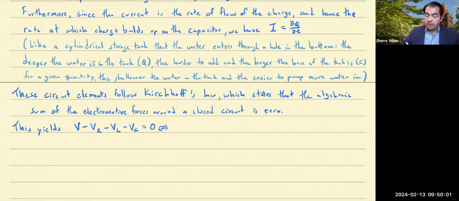Or if we plug in the equations we've written for each of the elements, that's V minus R times I minus L times the derivative of I with respect to t minus 1 over C times Q is equal to 0. Or we could rewrite that as L times the derivative of I with respect to t plus R times I plus 1 over C times Q is equal to V.